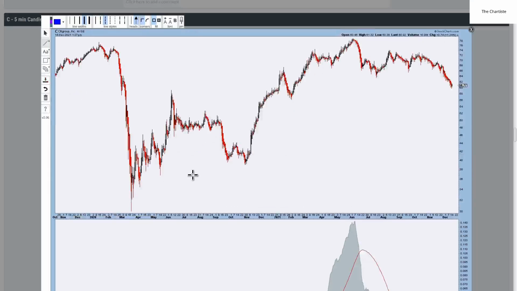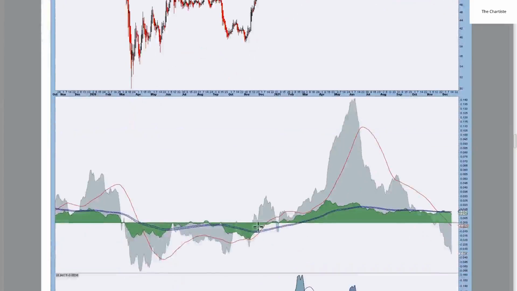This is a chart of Citigroup. The reason I'm showing you is that the money flow is fairly negative, then starts moving in. To better visualize the slow moving money flow, I put a very narrow Keltner channel in blue right here. And it shows me that it's breaking up here.